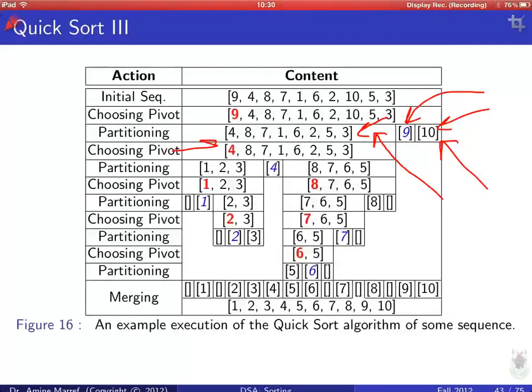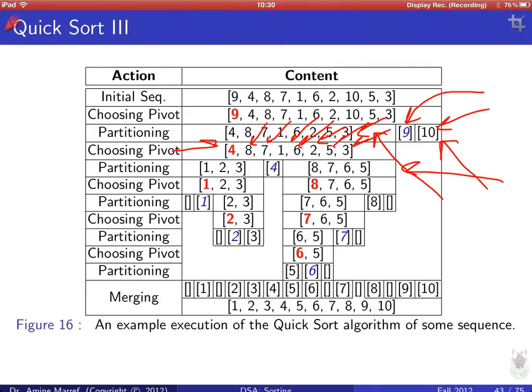So let's have a look at the code. The code is pretty easy. We stop the recursive call when the size of the array is 1 or 0. And then we choose the pivot. We have in this case decided that our pivot is going to be the first element in the sequence. And we are going to partition the sequence A with respect to the pivot and obtain 3 different arrays.